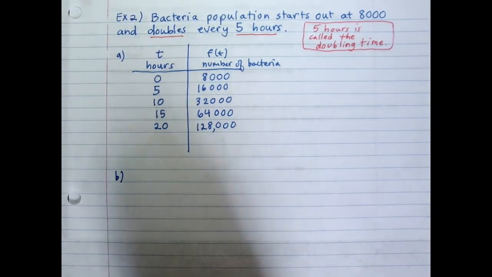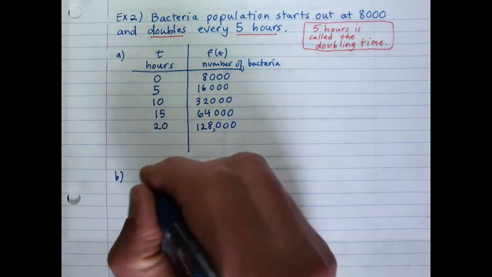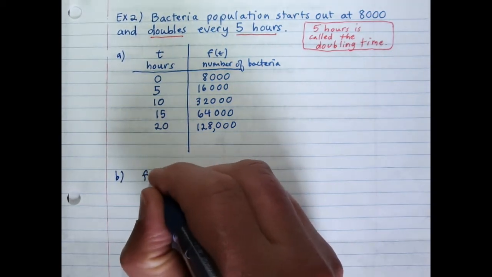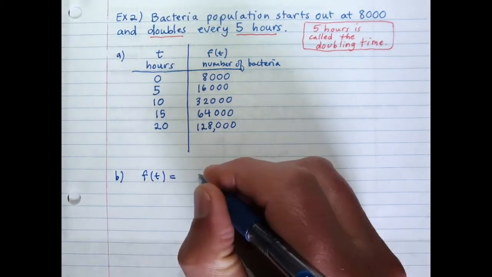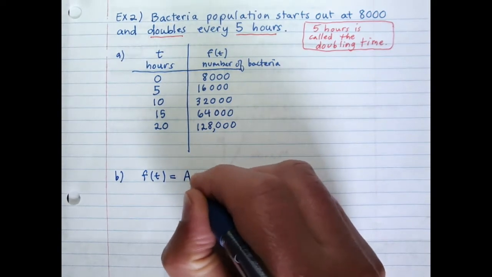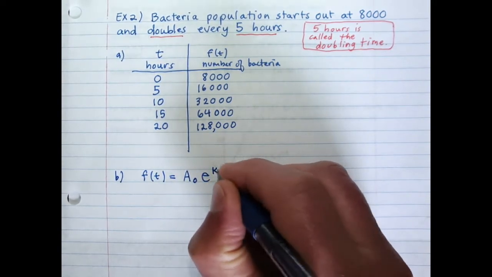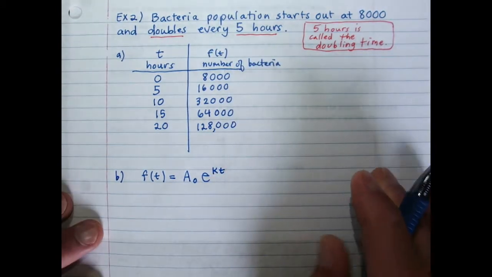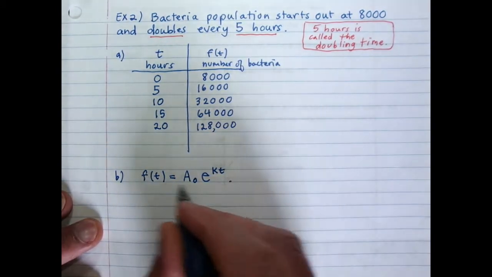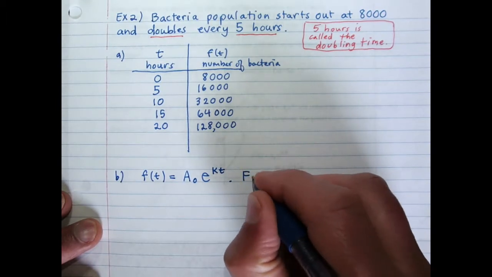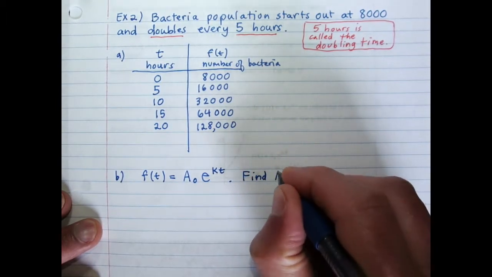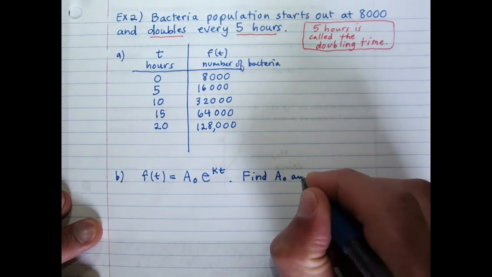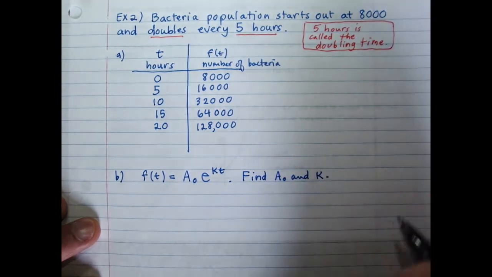In part B, we're going to try to find an exponential function of the form f of t equals a0 e to the kt that matches this data. Finding the function means we have to find a value for a0 and a value for k.